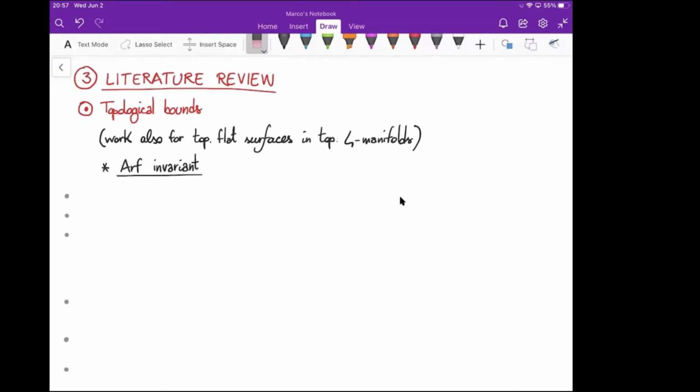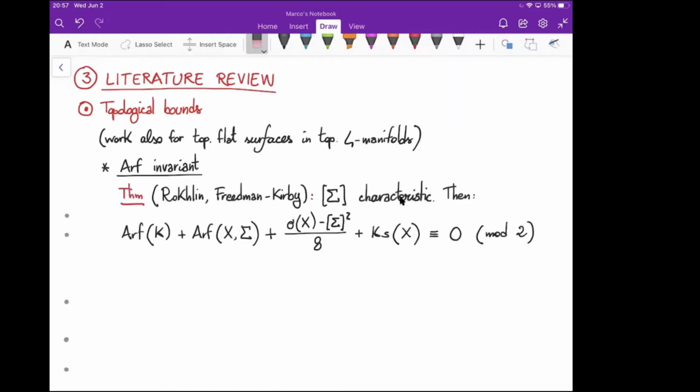So the first invariant that gives you obstructions is the Arf invariant. A general theorem that is obtained by combining Rokhlin's first theorem with some work of Freedman and Kirby is the following. If you have a characteristic surface sigma, then the Arf invariant of K plus the relative Arf invariant of X, sigma plus the signature of X minus sigma squared over 8 plus the Kirby-Siebenmann invariant of X is an even number.